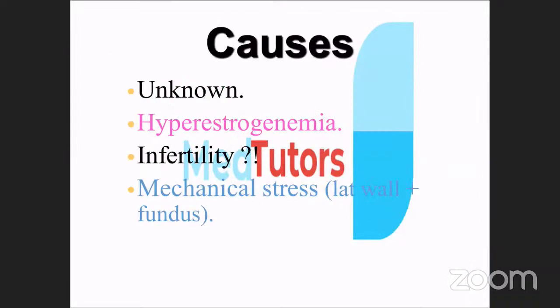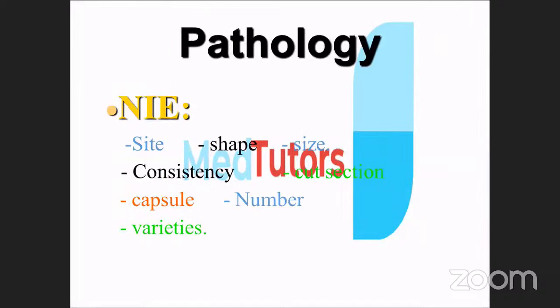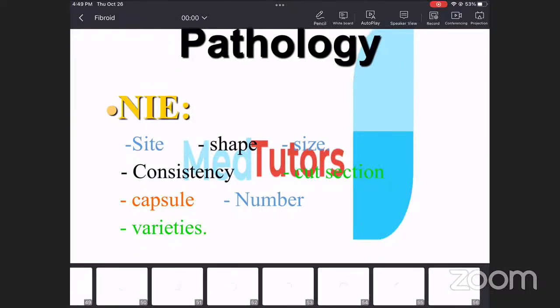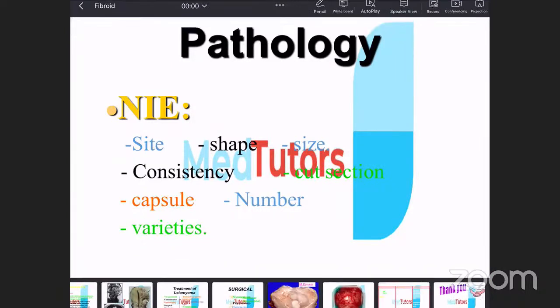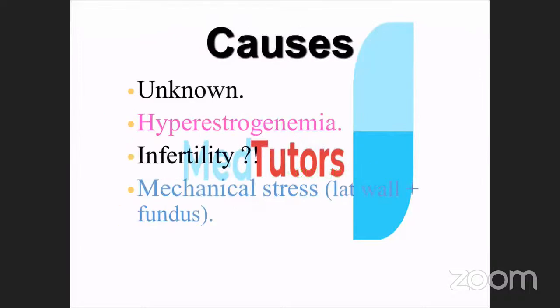So, what are the causes of uterine fibroid? The exact etiology is not known. However, it is a tumor known to be associated with excessive exposure to estrogen, a hyperestrogenic state. And of course, infertility.